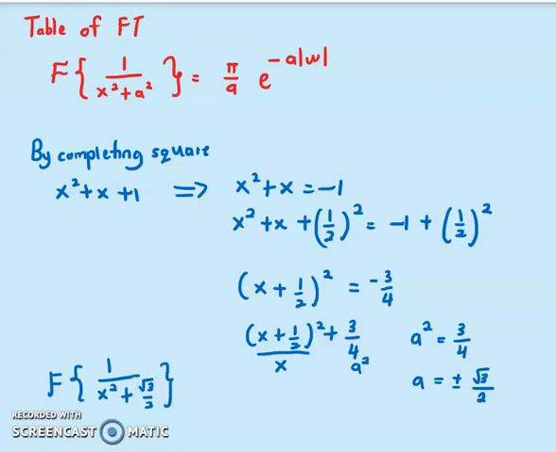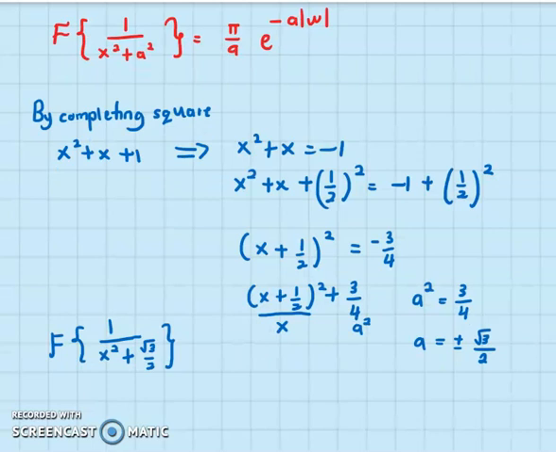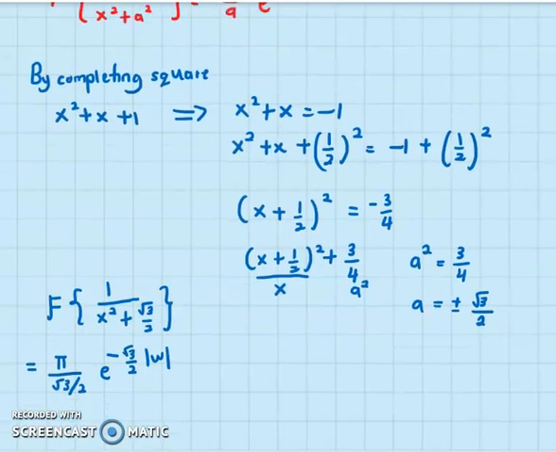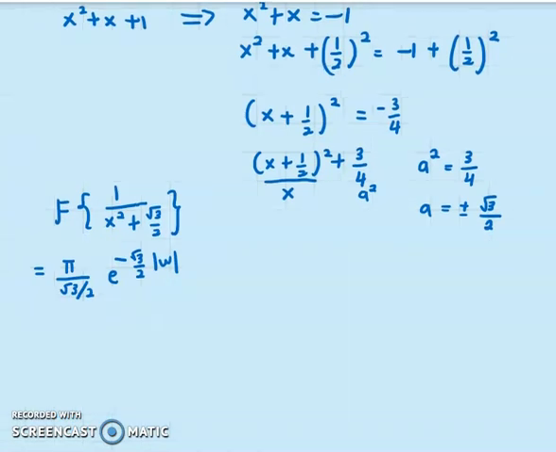So by the definition, what we should get is pi over square root 3 over 2, e to the negative square root 3 over 2 omega. Okay, I hope you're with me.